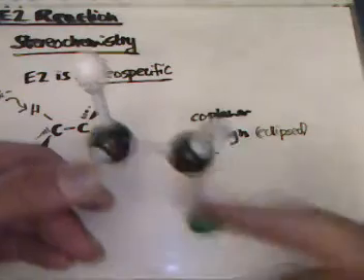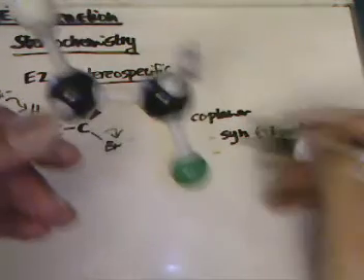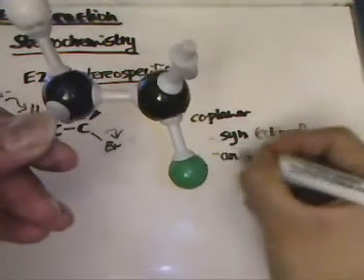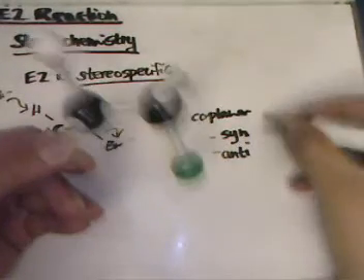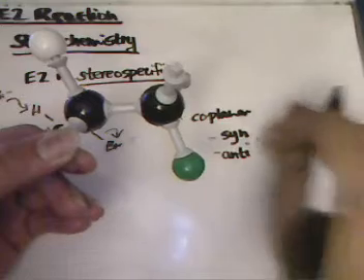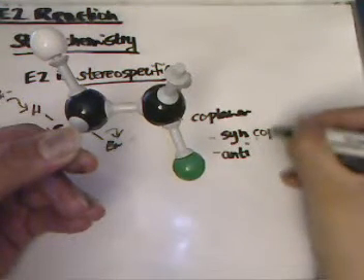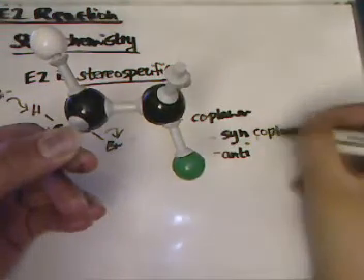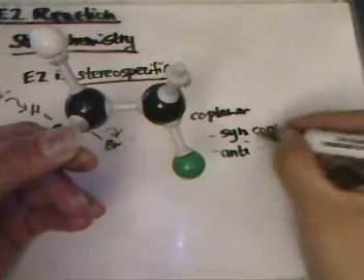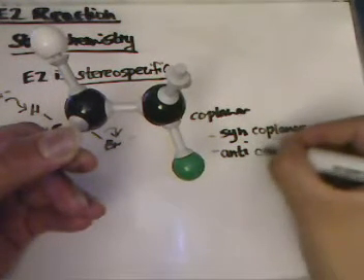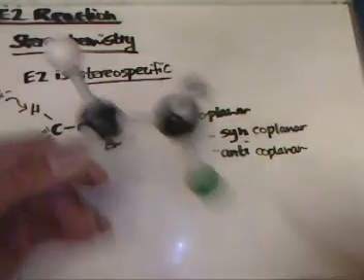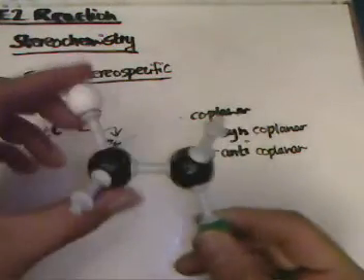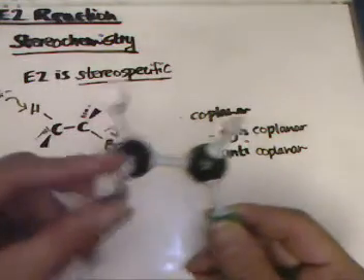Again, they're in the same plane, but they're anti-coplanar. And this is the geometry that's required for an E2 reaction to happen.